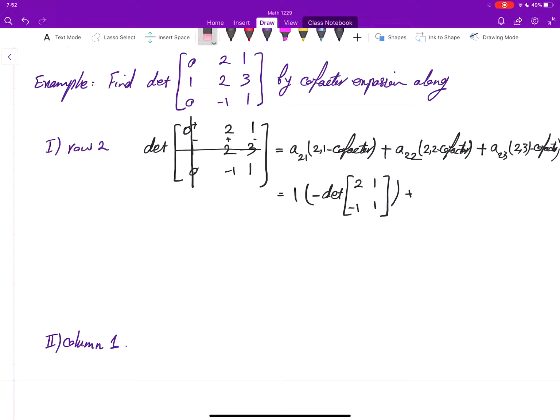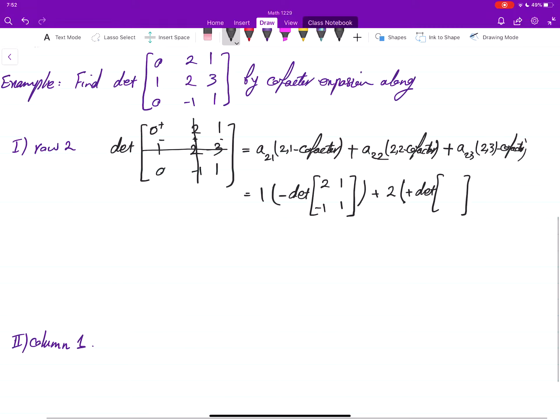So we are done with the first entry. The second entry of the row is this guy, 2, and then multiply. The sign is plus. The determinant of the submatrix, in this case, is going to be 0, 1, 0, 1.